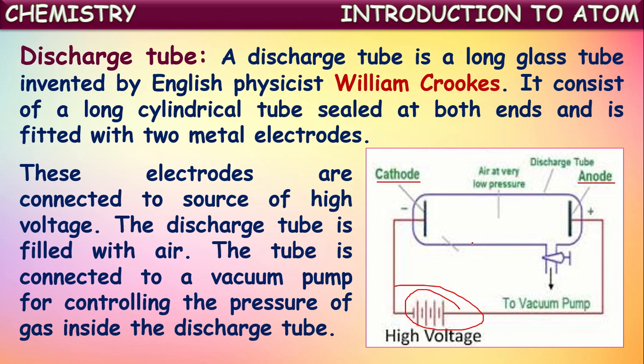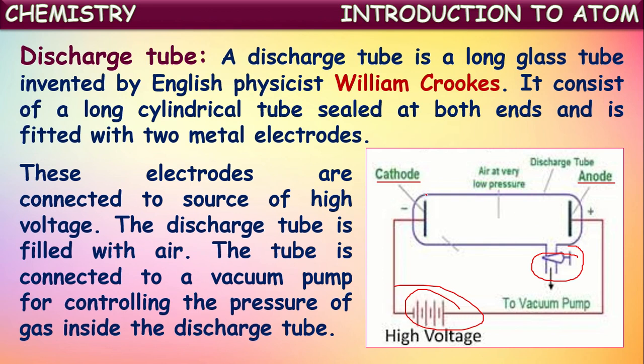Now the discharge tube is filled with a certain gas. The tube is connected to a vacuum pump. See here it is the vacuum pump. It is connected to a vacuum pump to control the pressure of the gas present inside the discharge tube. So this is the equipment used for the discovery of electrons. This equipment is said to be the discharge tube.